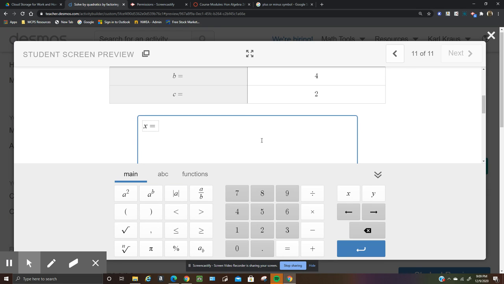The opposite of b would be negative 4. Keep getting the wrong number here.